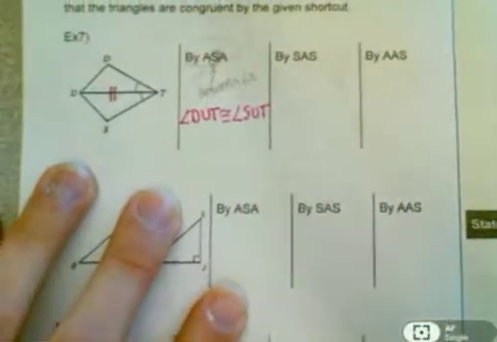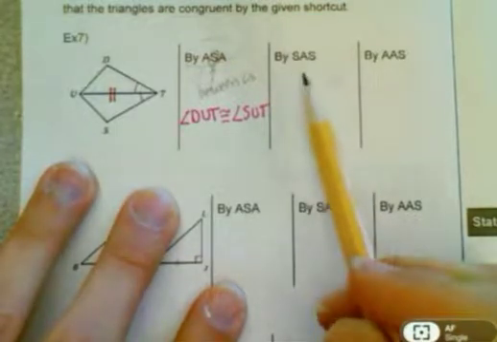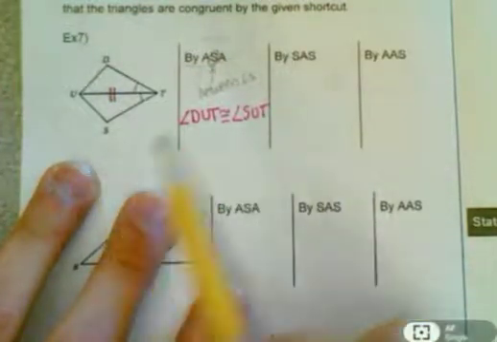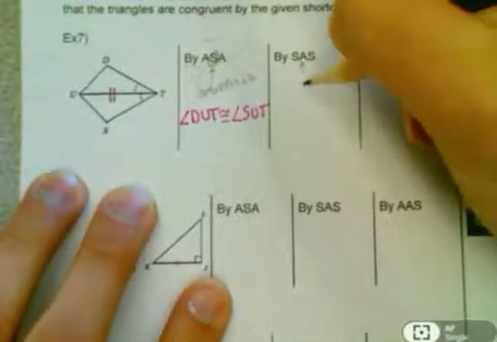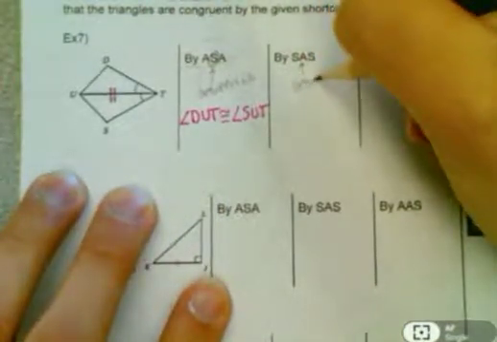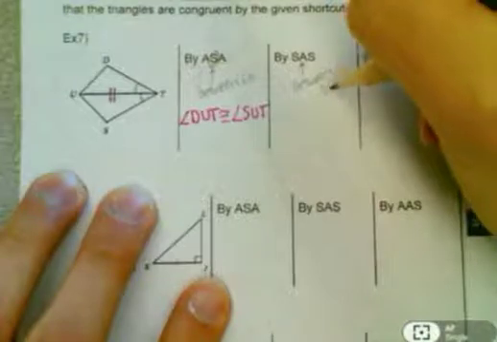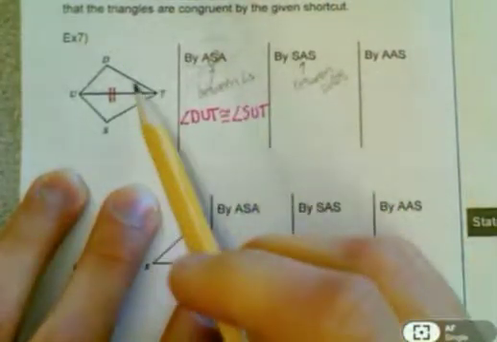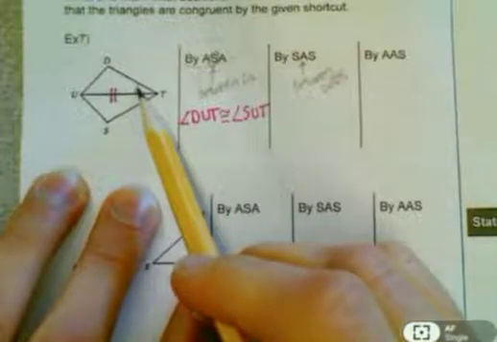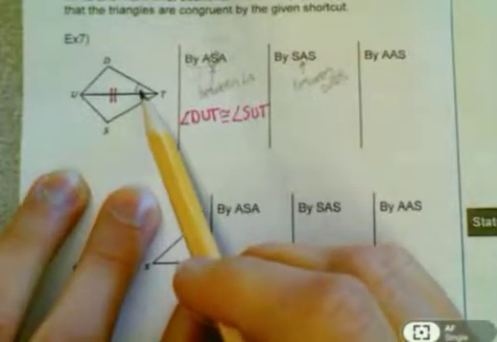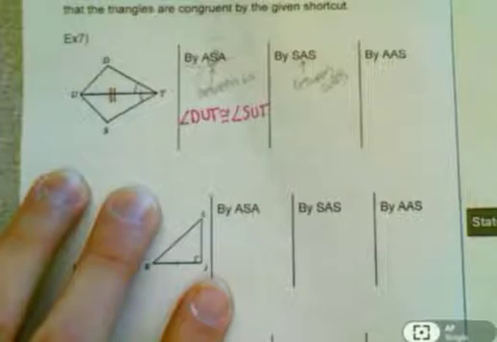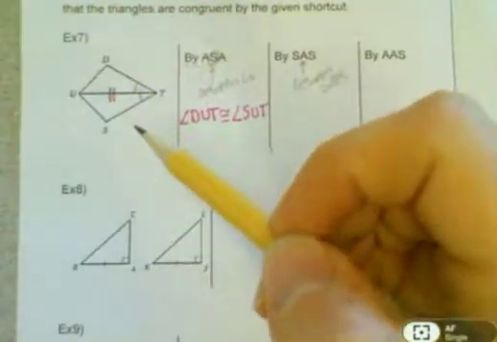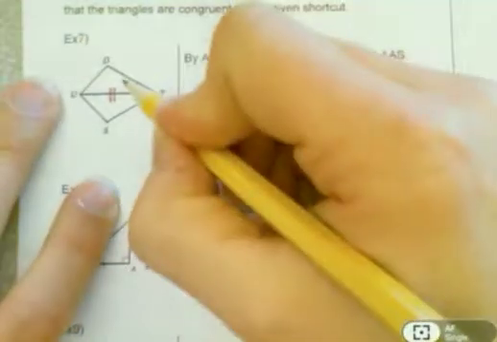Over here it's saying, okay, what if you wanted to prove that they were congruent by side angle side? Then what would you need to know? In this case, it's the angle that's between the sides. In this shortcut, we only know one angle. Here's the angle. So I need another side, but I need to make sure that this angle is between those two congruent sides. And I hope you can see that the side would have to be this one.